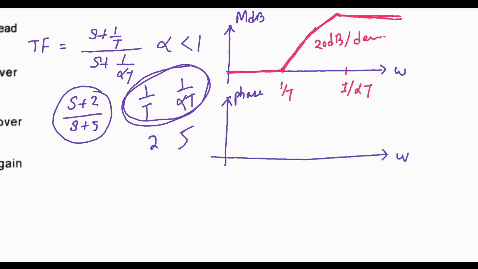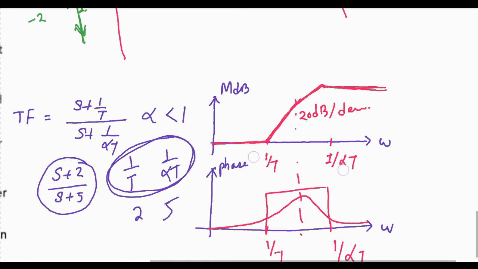So now look at this phase plot. Phase plot will be like this. This is suppose the middle point. Phase plot will be like, and this one is 1 by t and this one is 1 by alpha t. Phase plot will be like, and actual plot will be like this.